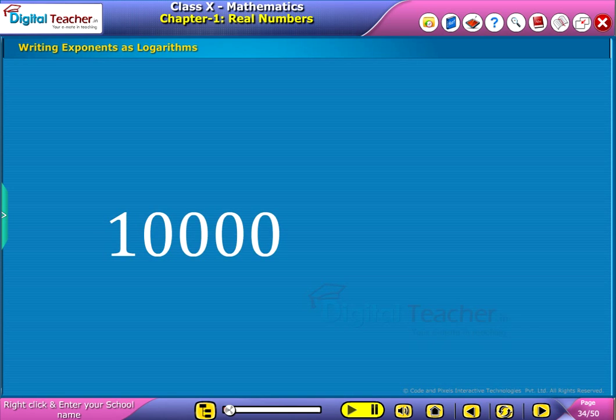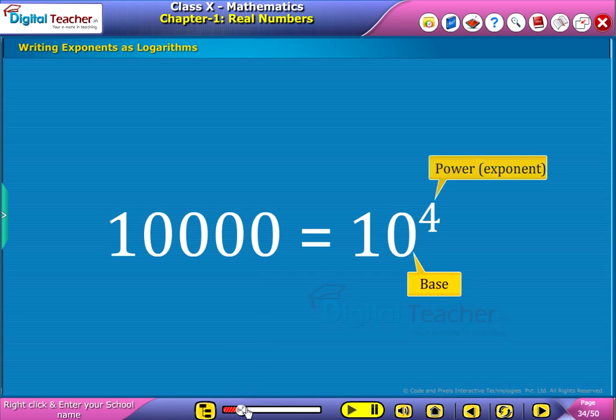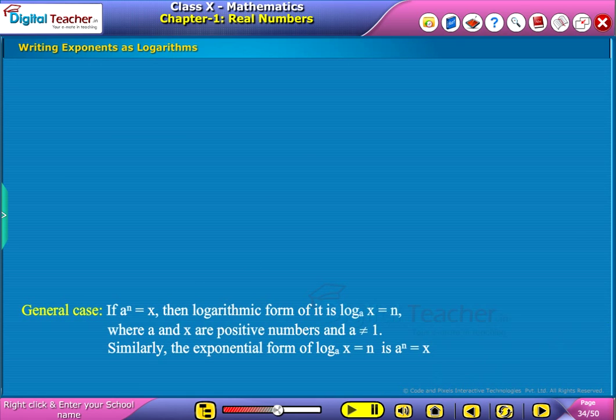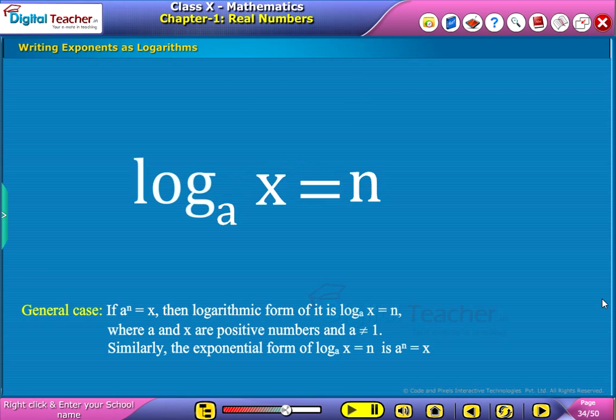Writing exponents as logarithms. For example, 10,000 can be written in exponential form. So, writing a number in the form of a base raised to a power. In the general case, if a power n is equal to x, then the logarithmic form of it is log x to the base a equal to n, where a and x are positive numbers and a not equal to 1.